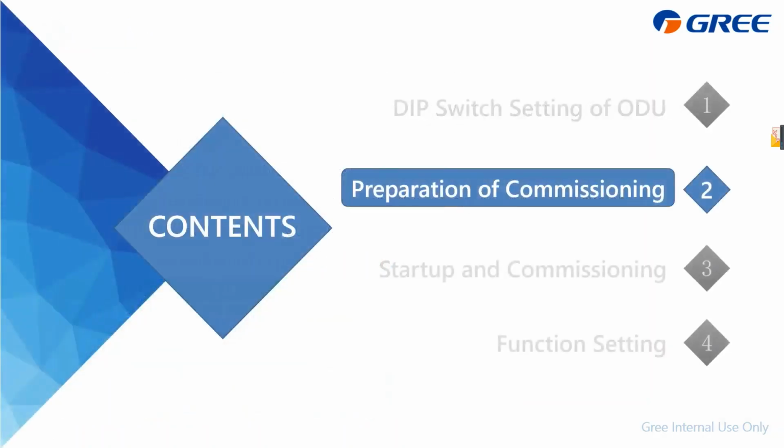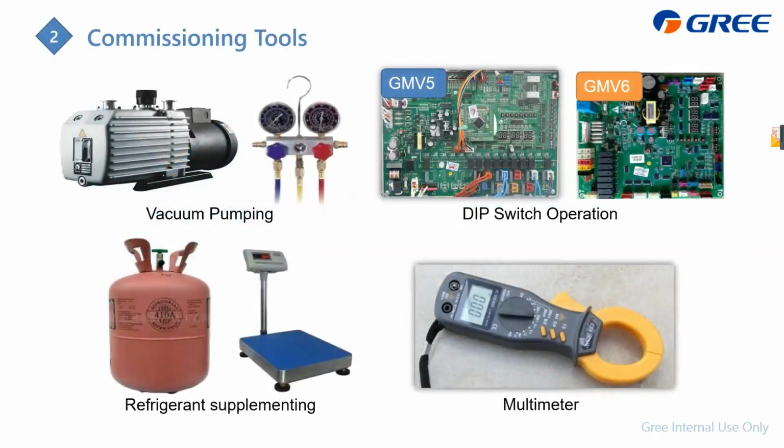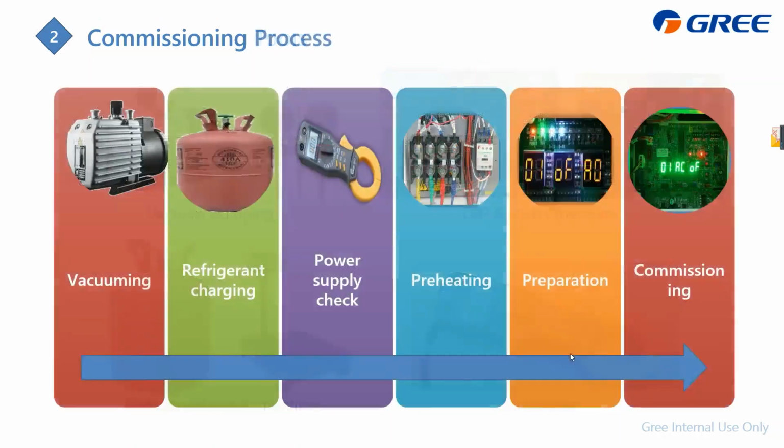And then the preparation for commissioning. We can see the commissioning tools: this one is a vacuum pump, and there's the dip switch operation. You should set the dip switch before commissioning. There's a refrigerant tank, because after the commissioning we should charge the supplementary refrigerant, and there's a multimeter.